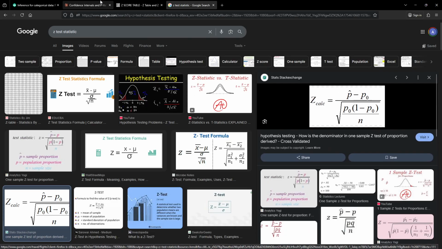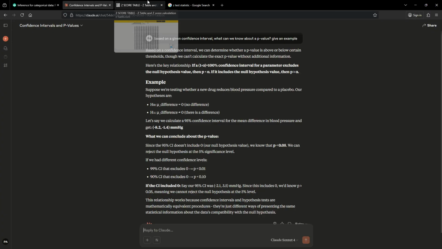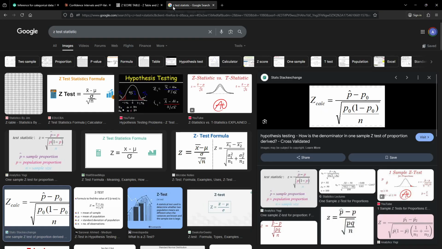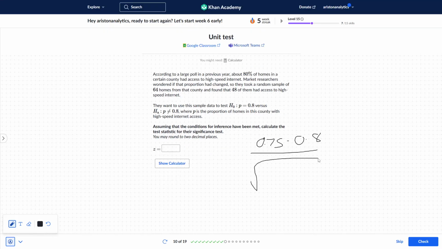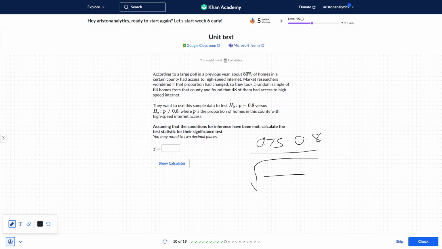Okay, this is the one. One sample Z test. That's what I needed. Okay, so P hat minus P0, 0.8. N is equal to 64.